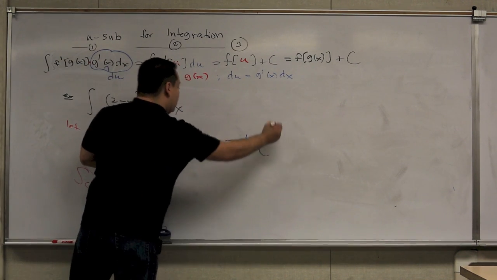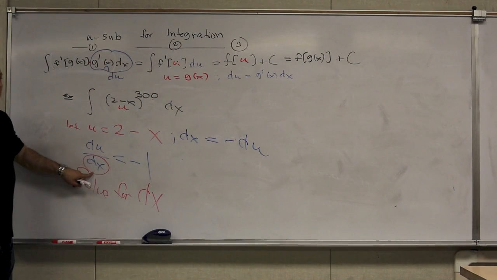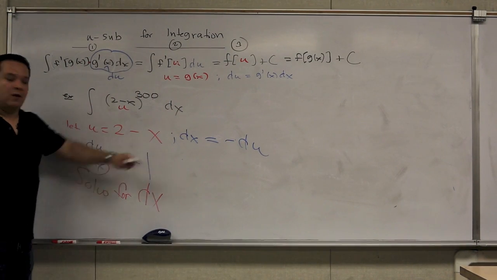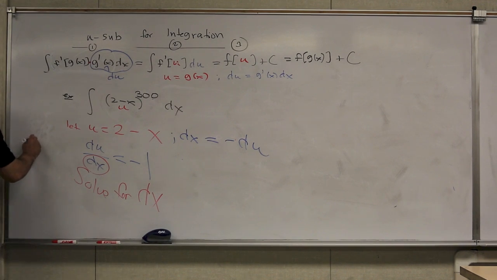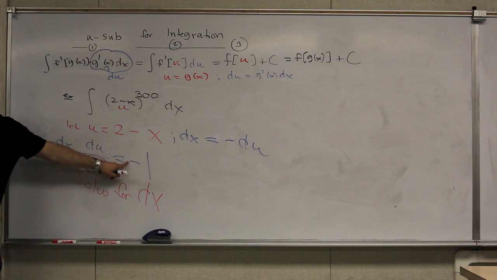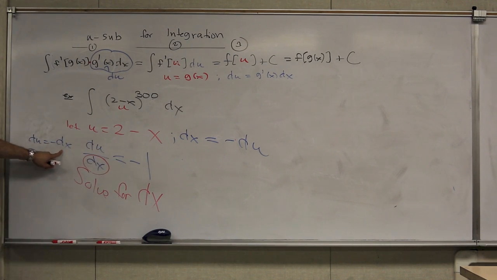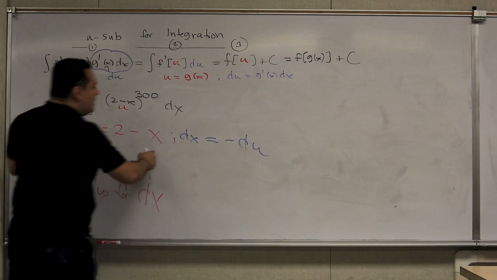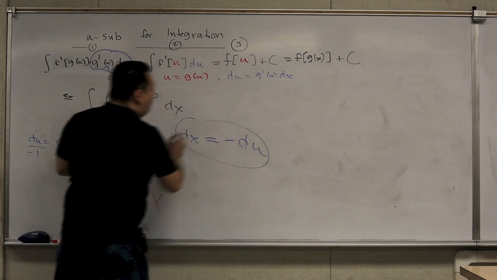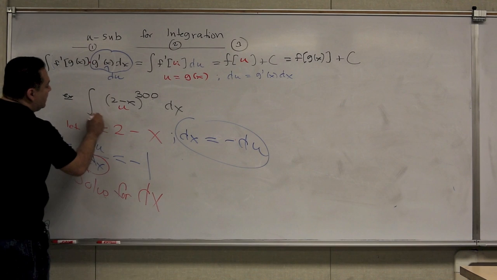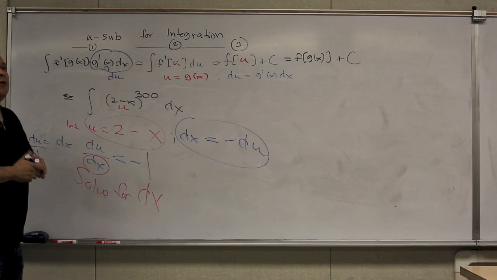Du is negative dx if I multiply both sides by dx, because that's negative 1. Is that right? And then how do I get dx? Divide by negative 1. These negatives cancel, so I get dx is negative du. So I'm just going to use these two things. I'm going to use this always, and I'm going to use this always. So here's how we use it.